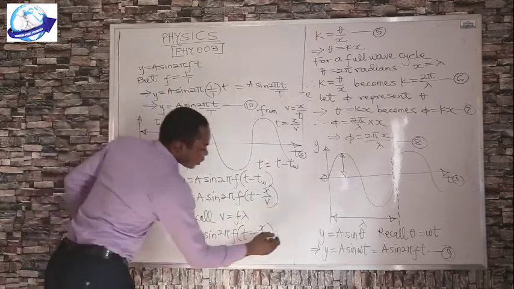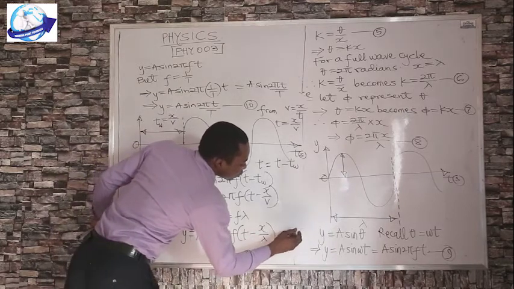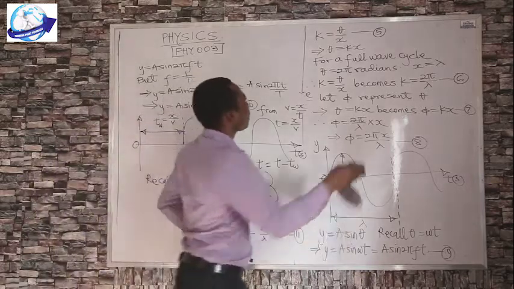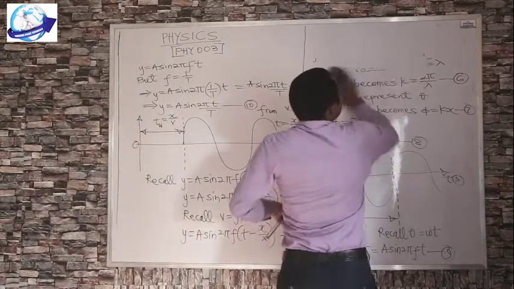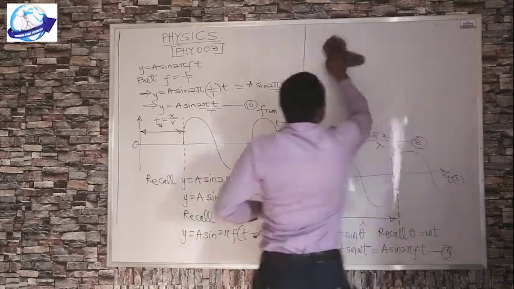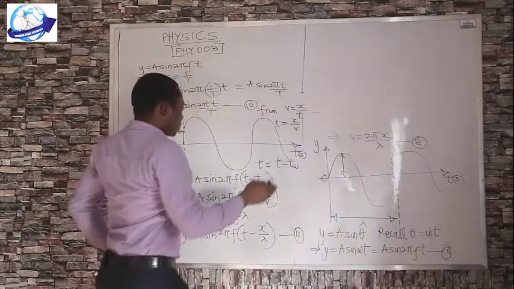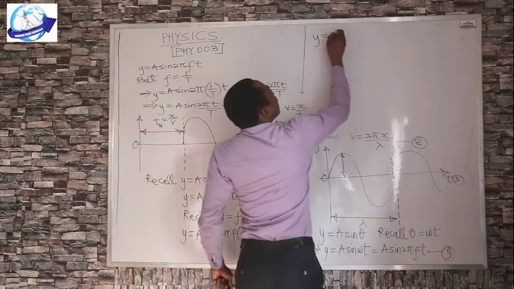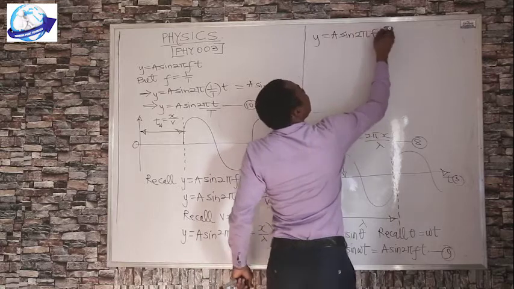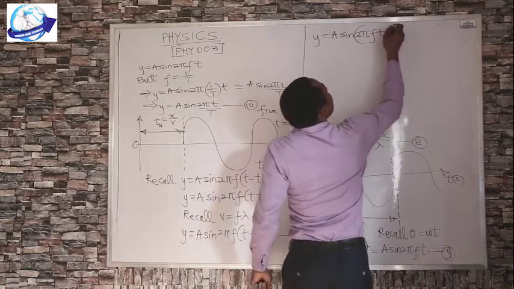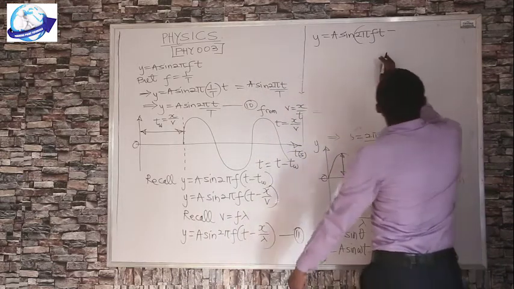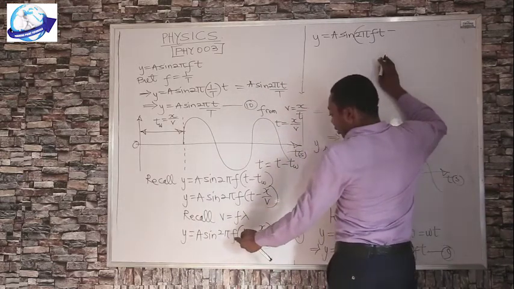Let's call this equation 11. Then when you open up the brackets, you have another wave equation given here, which is y equals a sine 2 pi ft minus, well, when 2 pi f multiplies x over lambda, we have a new expression there too.